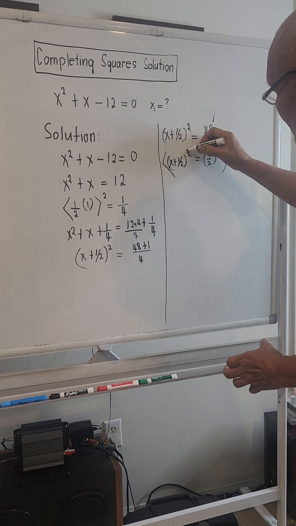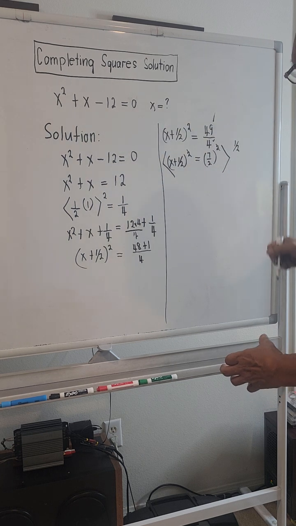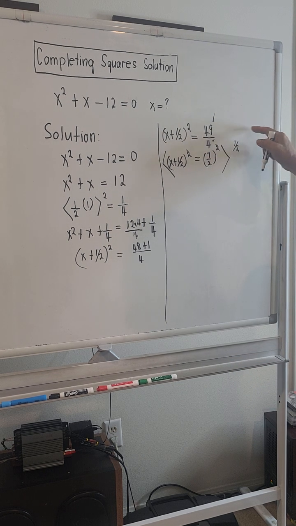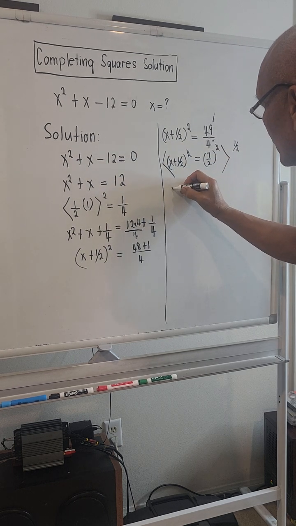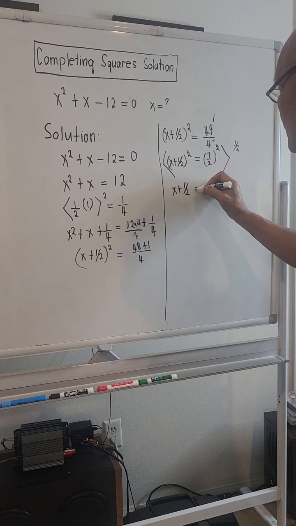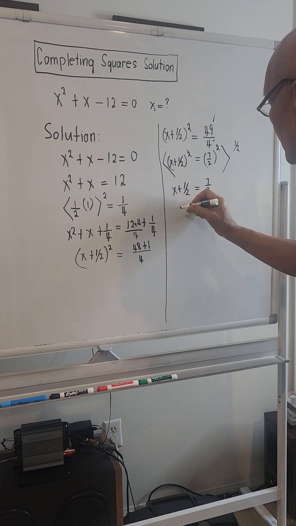This 2 will be gone, and this 2 will be gone. So what will come out? x plus 1/2 will simply be equal to 7 over 2.